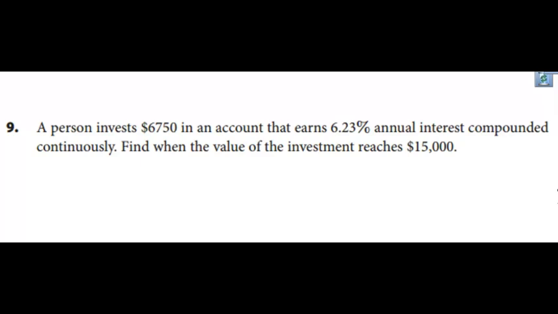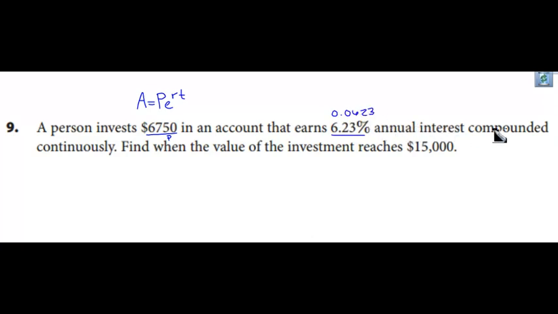So now I'd like to work a problem where the annual interest is compounded continuously. I gave you a formula for this. A equals P e to the RT. So, a person invests $6,750. This will be my P. My rate is 6.23 or 0.0623.